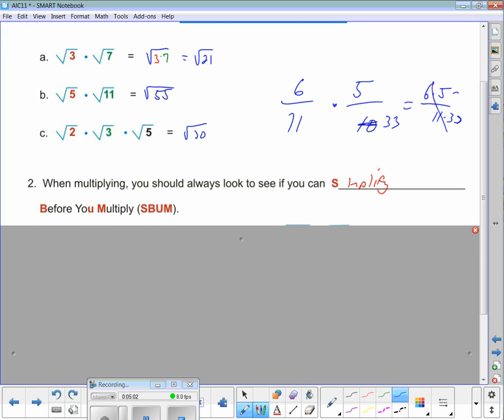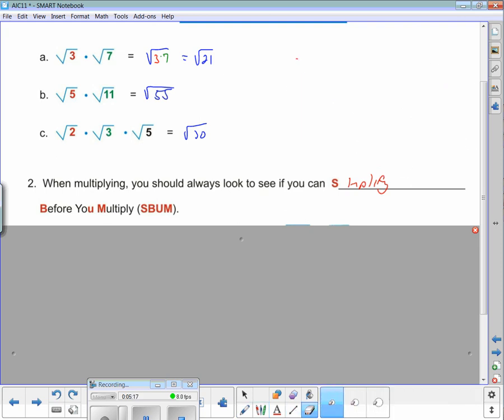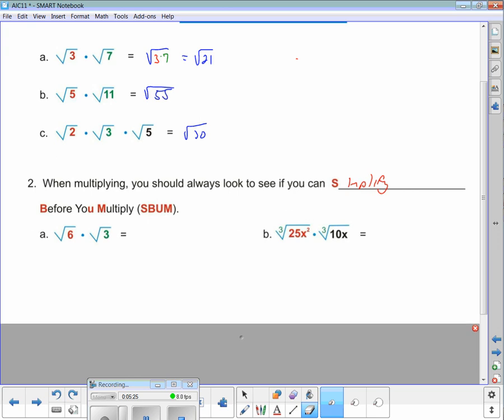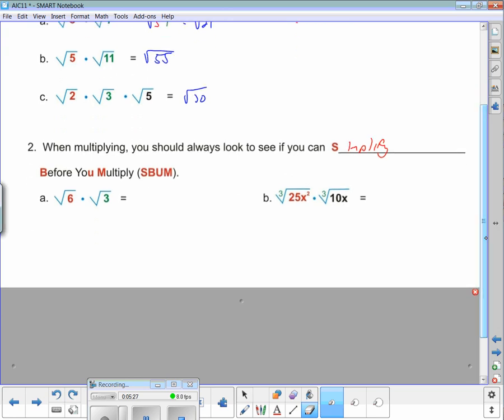But we say, hey, just reduce right here. 3 and 11, 2 and 3, the 3's are gone, and now finish it off. We're going to reduce before we multiply. It's the exact same concept here. We're going to simplify before we multiply. So before these numbers get bigger, let's simplify first. That's the idea.